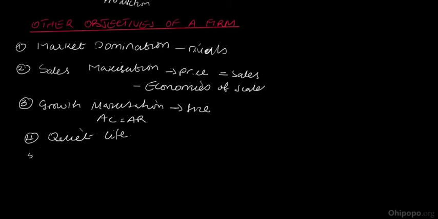The next that we are going to see will be personal motive. Other than aiming at maximizing profit, firms may also have personal motives. It is an objective because some firm owners, some businessmen, some entrepreneurs might simply be interested in the development of their areas rather than making profit.